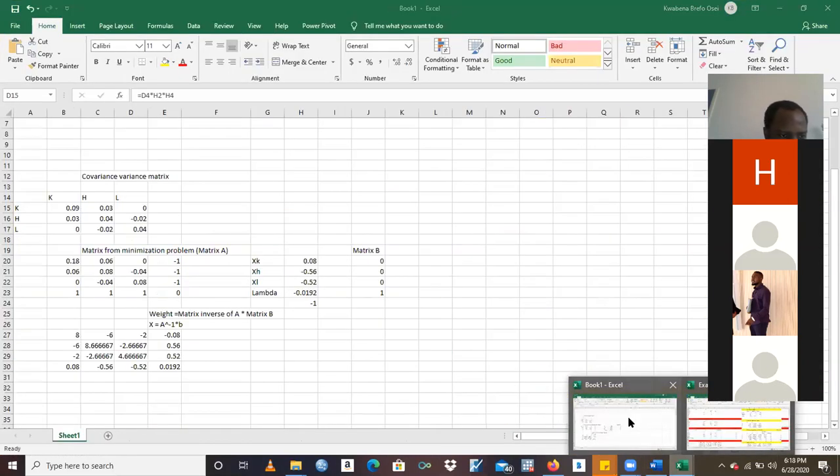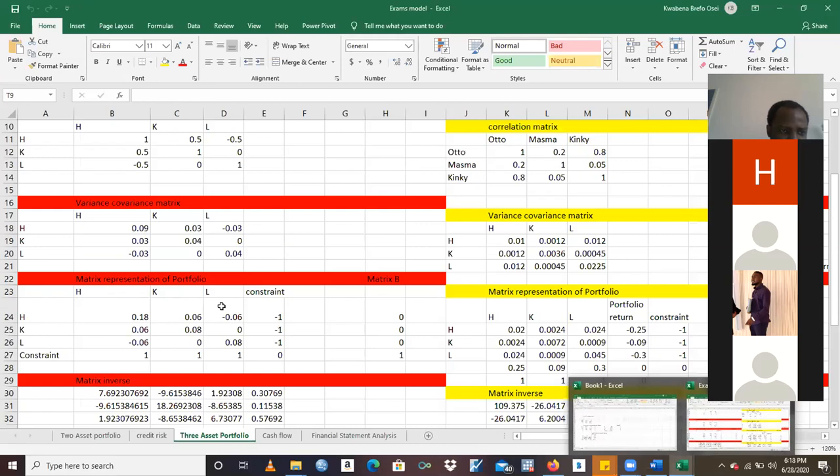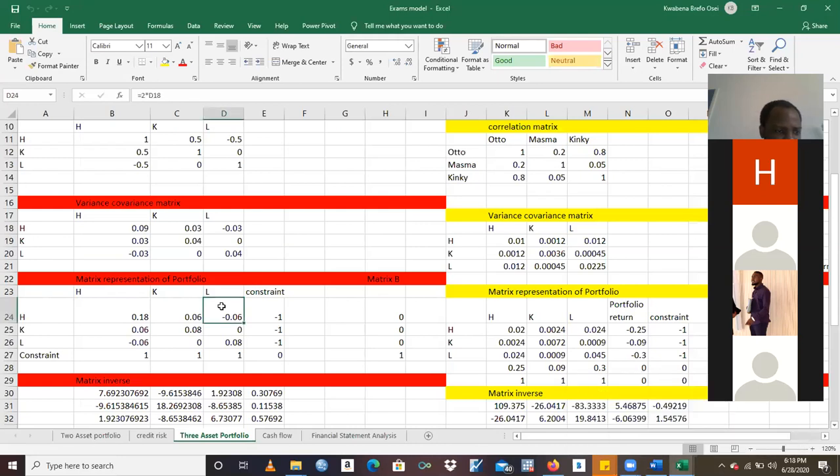So how come I didn't get negative 0.06? That's what you got, right? No, I don't have it. Which one? Because there are two times 0.06. 2 times D8, D18. Yeah, so it's okay.